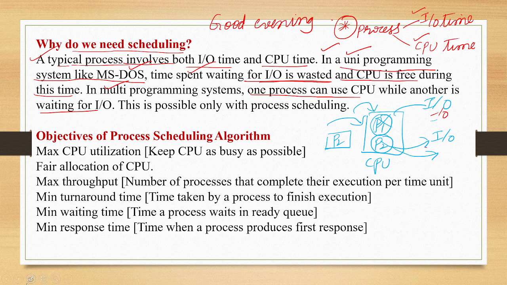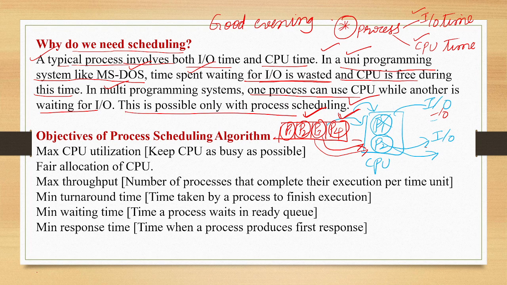Suppose there are four processes P1, P2, P3, P4 waiting here. Now the operating system has to decide which process should be allocated the CPU. Here scheduling is required. Which process should be allocated the CPU? That is called CPU scheduling. This is possible only with CPU scheduling.